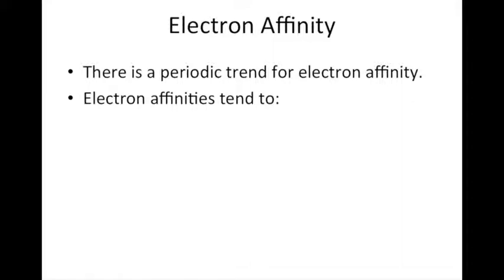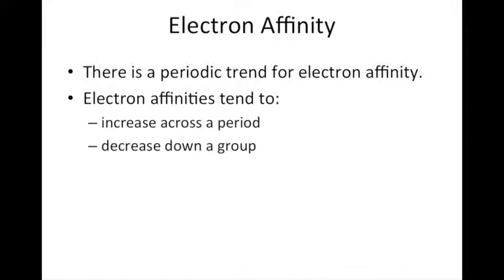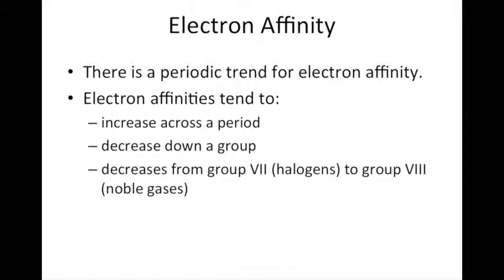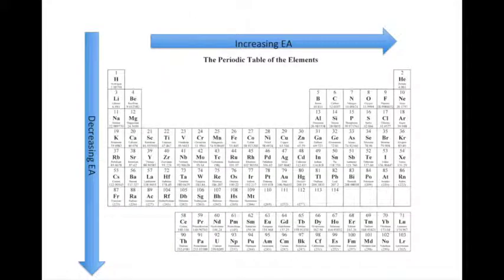Now, there is a periodic trend for an electron affinity, which we need to be aware of. Electron affinities on a periodic table tend to increase as we move across a period, decrease as we move down a group, and they decrease from group 7 to group 8, so from the halogens to the noble gases. So if we look on our periodic table, in general, as we move from left to right across a period, the electron affinities increase.